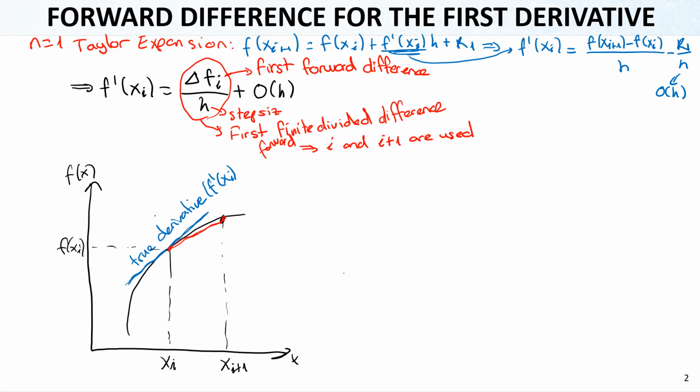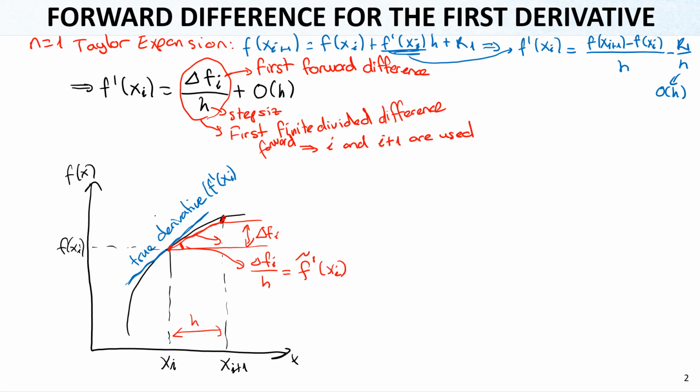And this is the approximation. And this is h, by the way. And this is delta fi. So the slope gives the approximation. This slope, delta fi divided by h, is the approximated first derivative f'(xi).